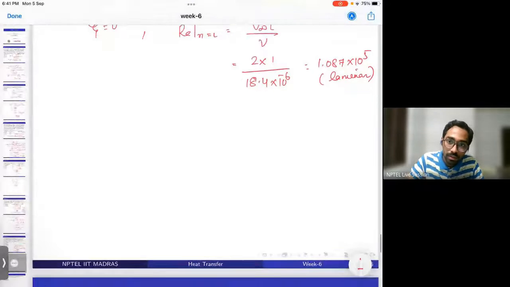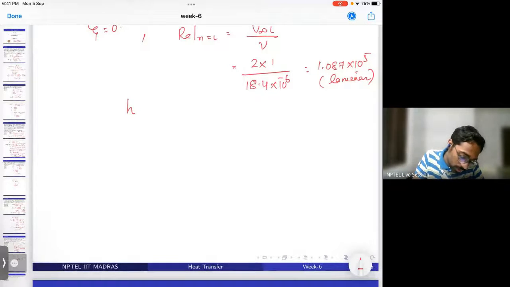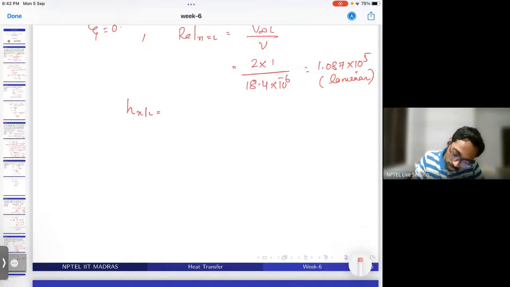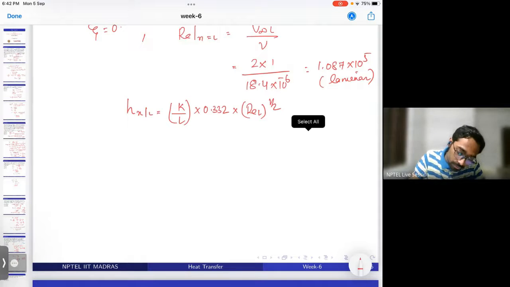So what is h_x? h_x at L is equal to, I always forget to put x, k by L into 0.332 into Reynolds number at L raised to 1 by 2 and Prandtl number raised to 1 by 3.